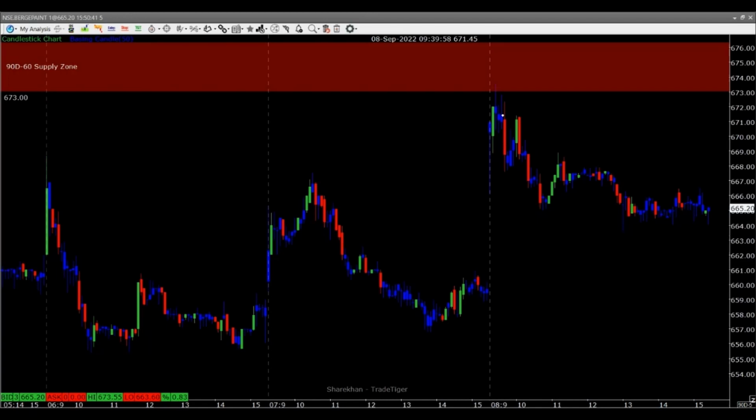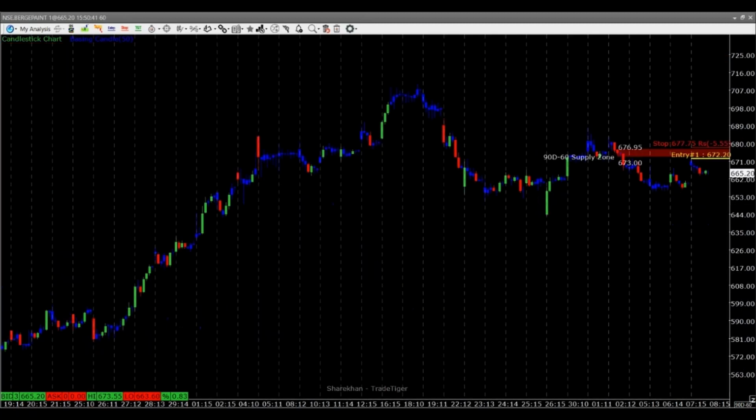Even towards the end of the day, between 3 and 3:30, then also we get really good trades, but it may not be suitable for intraday trades. If you're a trader trading futures, then you could get really good entries even between 3 and 3:30. So this is the trade.